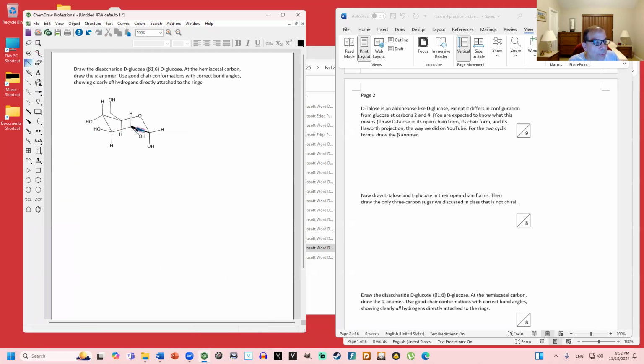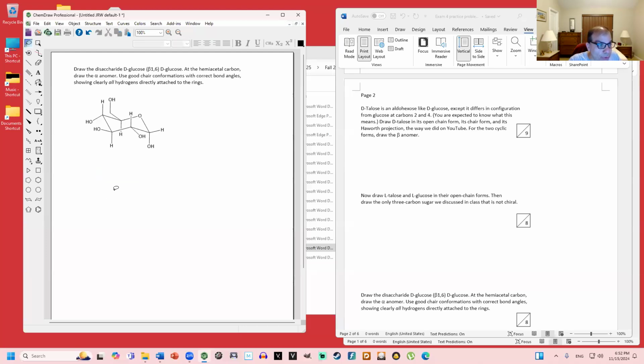Notice again very carefully the shape of the chair that we need to use. That's the correct chair for drawing D sugars, not this one. That shape is wrong, and I covered that in the class notes. You need to always use this shape of the chair in order to draw D sugars.